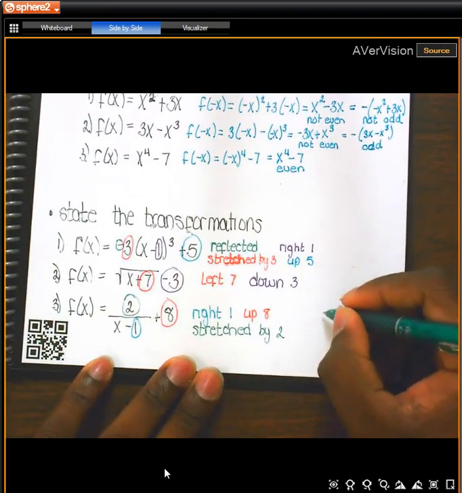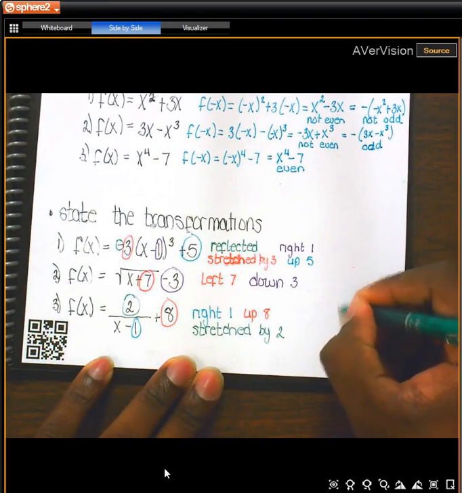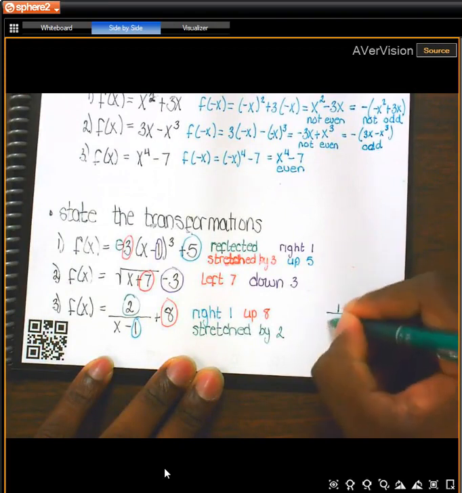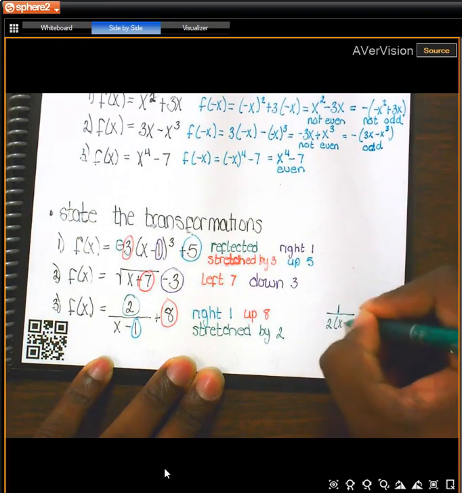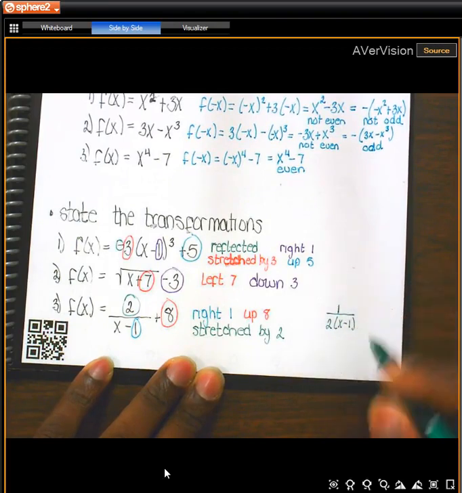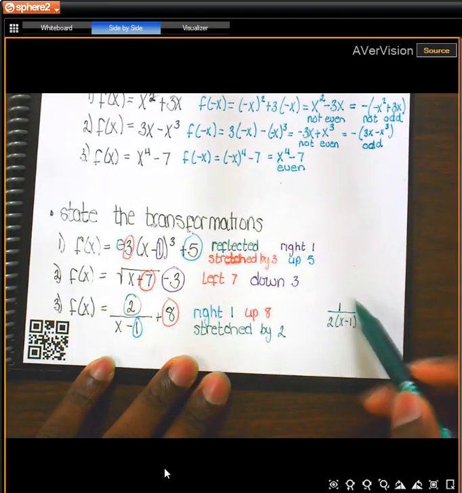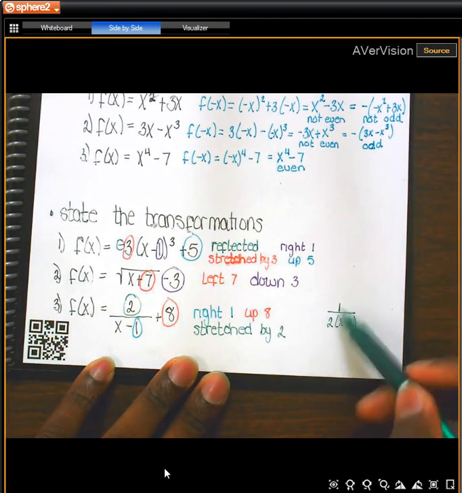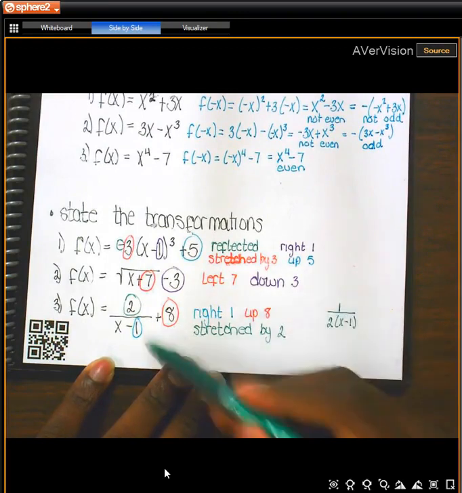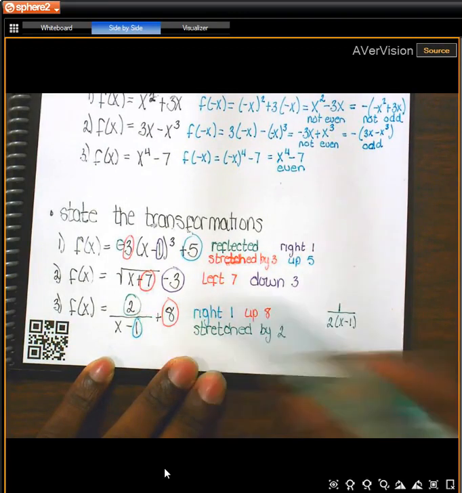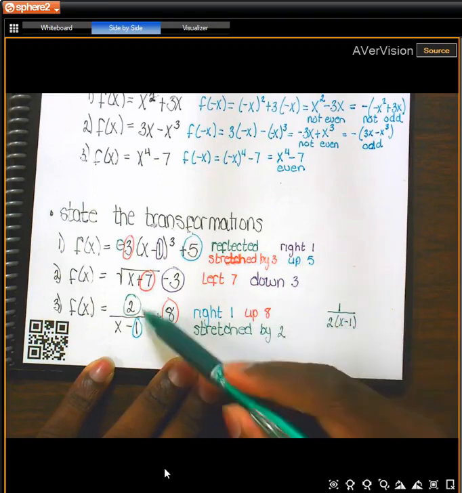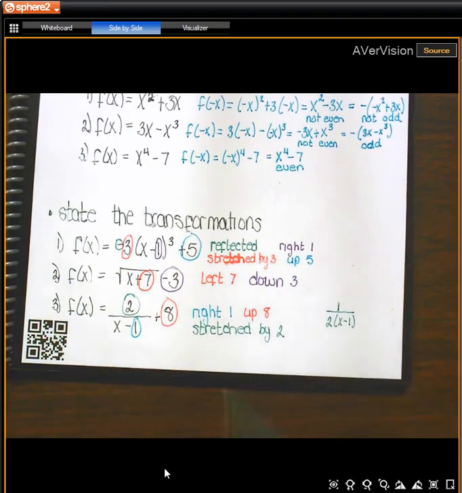Or if we had one that looked like this, in this case, A would be 1/2, and in this case, A was 2. So this one would be compressed. This one is stretched. Make sense?